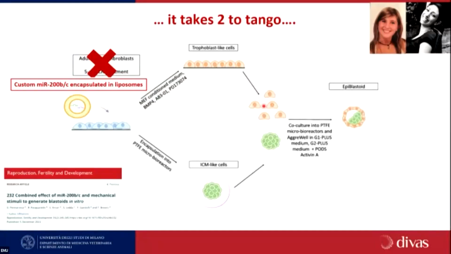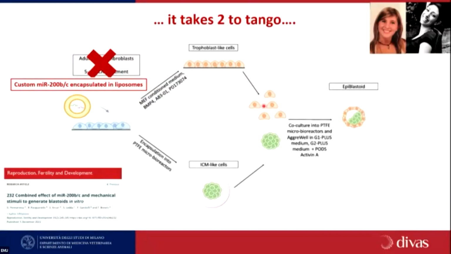So what came to our mind was, once again, with Sharon and Giorgia, to reprogram cells and repeat exactly the same experiment I just told you about in the production of epiblastoids. But in this condition, we decided to use directly miR-200b and c instead of a normal reprogramming protocol.